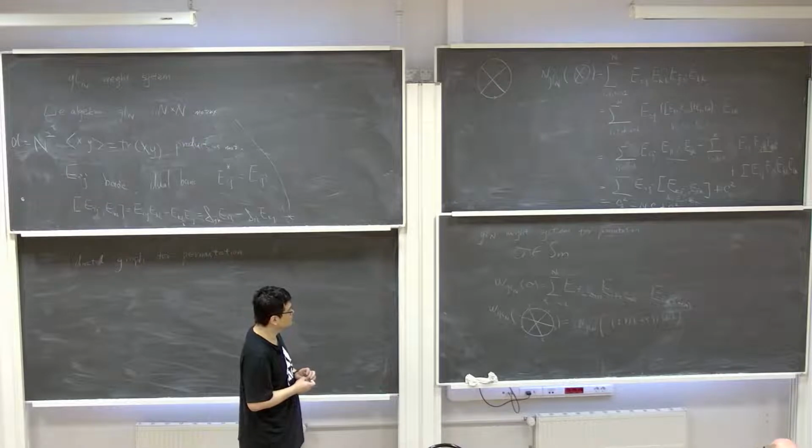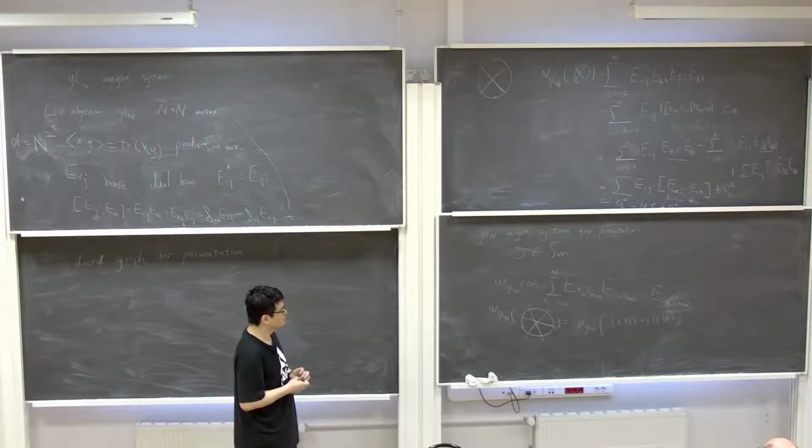You are not applying the permutation sigma to the indices. So the second index is determined by the permutation, and the first index runs from 1 to N. Okay.